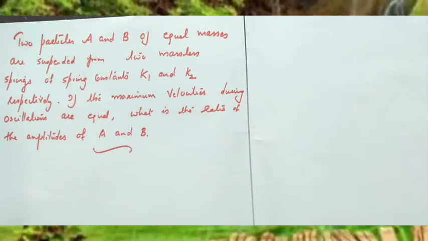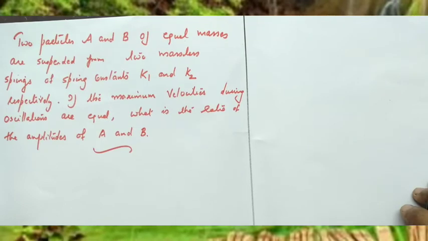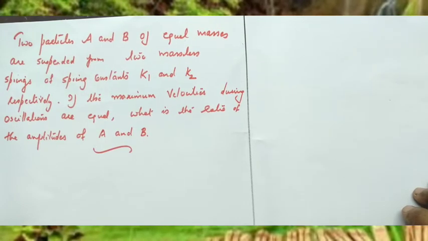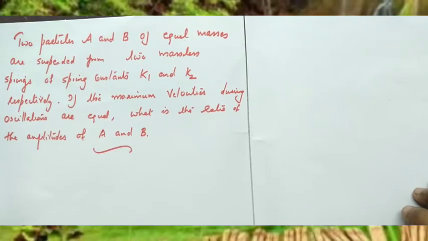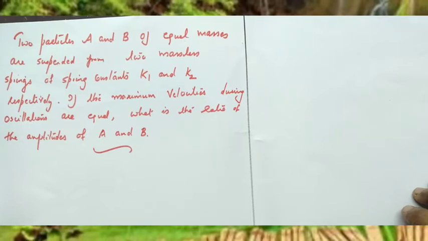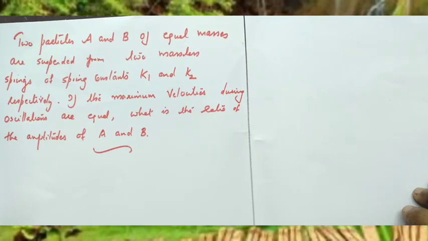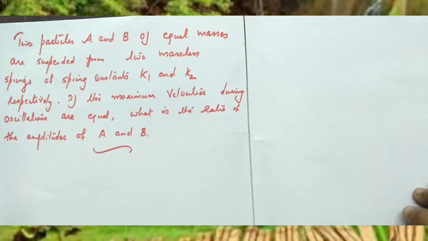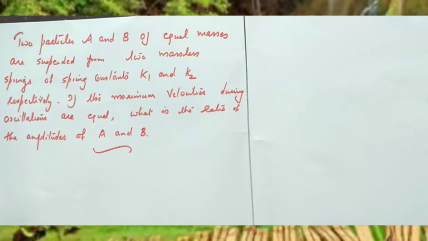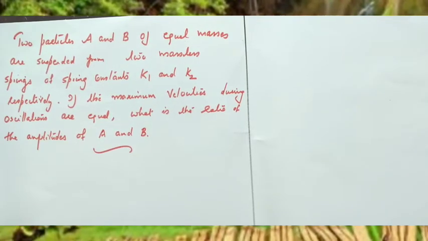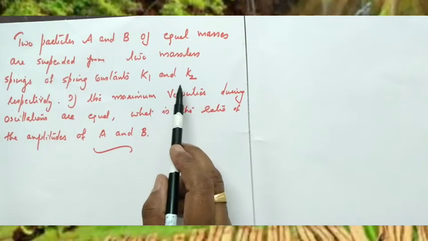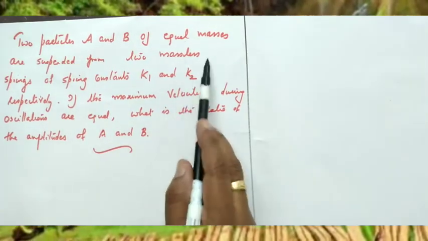Two particles A and B of equal masses are suspended from two massless springs of spring constants K1 and K2 respectively. If the maximum velocities during oscillations are equal, what is the ratio of amplitudes of A and B? Here the spring constants are K1 and K2 and the masses are equal.